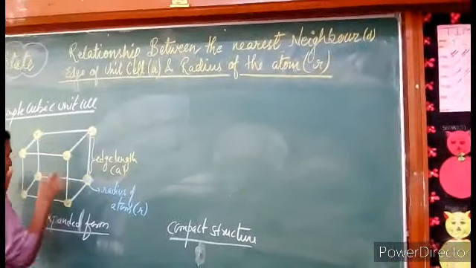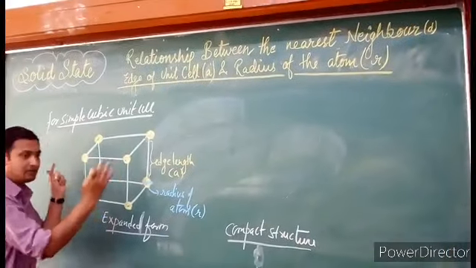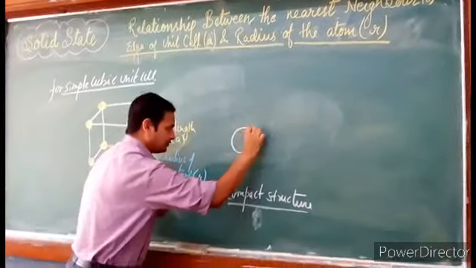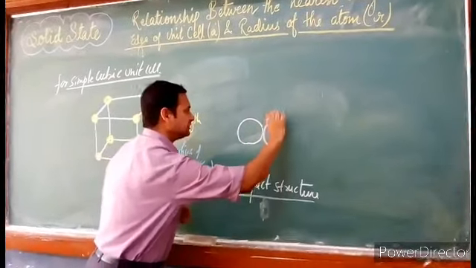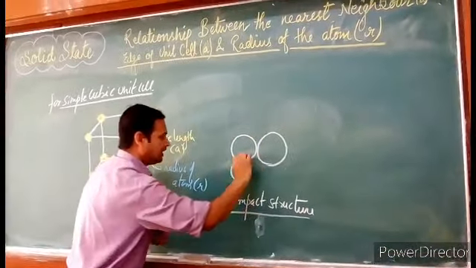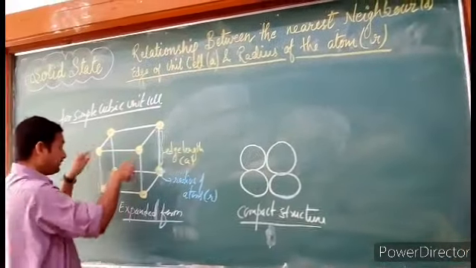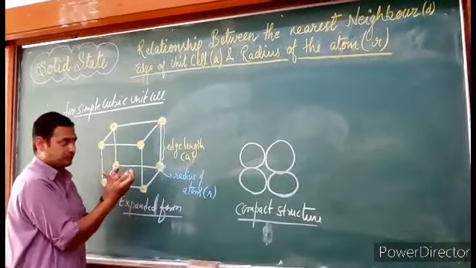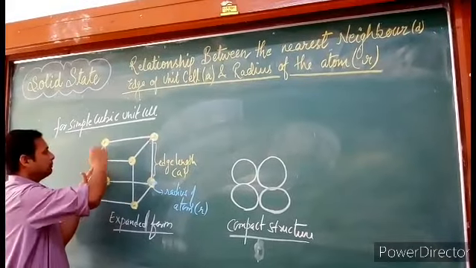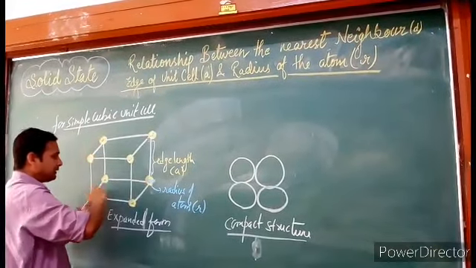These four atoms will be compactly packed. तो compactly packed करते हैं. First atom, second atom, third atom, and fourth atom of this face compactly packed. And back to this, back to this, back to this, and back to this.